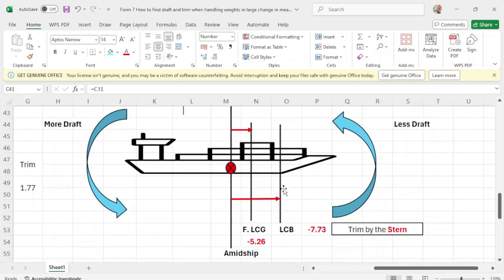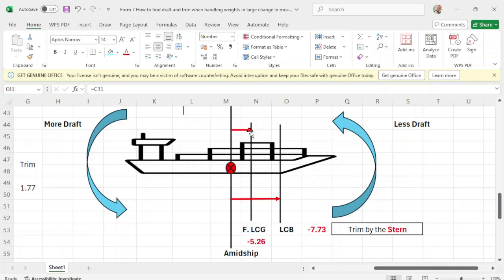Now, if this is the vertical line of the LCB or center of buoyancy, the buoyancy of water will push the vessel up. So the forward part will rise up and the aft part will go down. Why go down?